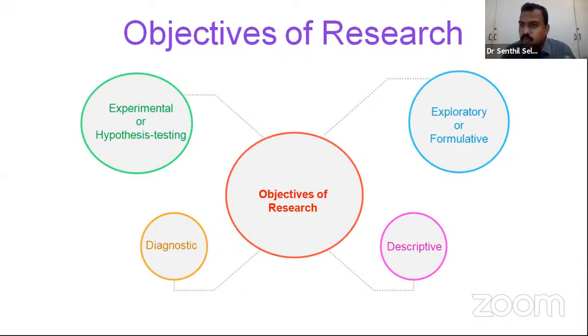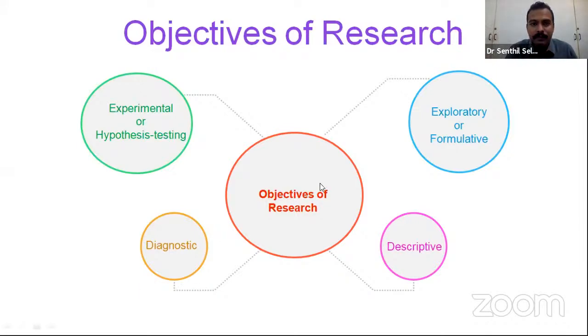So within these four objectives only, the research under the physiotherapy field will revolve. So we cannot miss out anything without these four types of objectives of research. So all the research work we are doing will fall under any one of these categories. Okay.